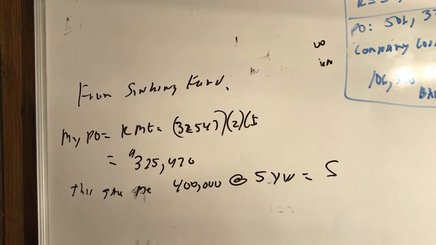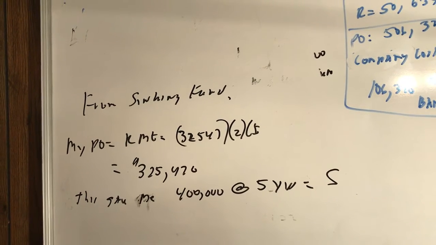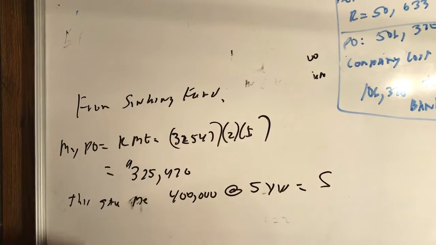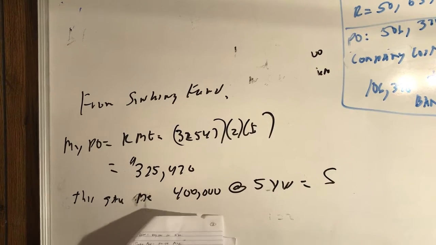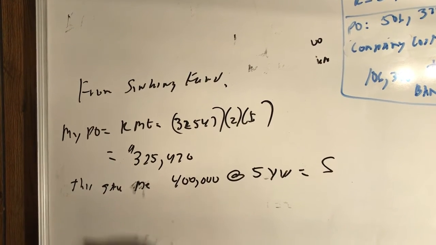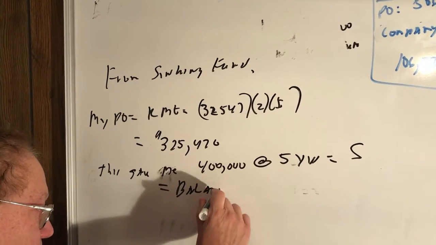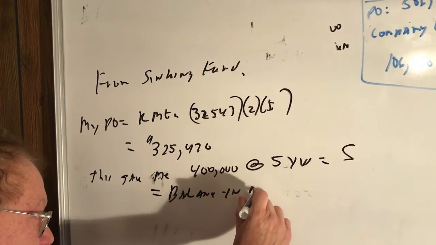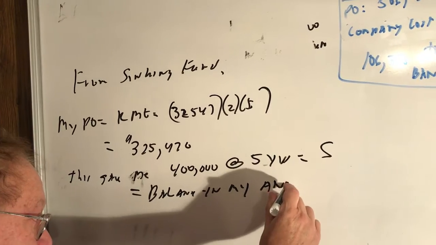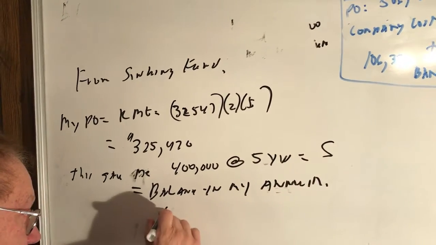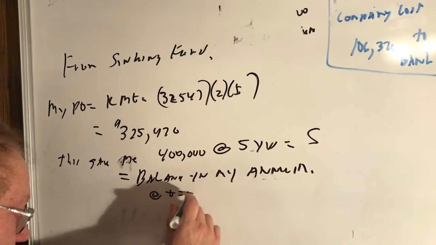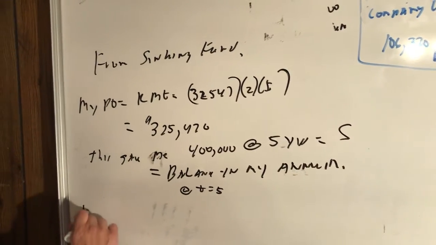Look at my savings. I just paid out 325,470, but that's going to generate in the future. So this is going to be my balance in my annuity at t equal 5. So what did I save?